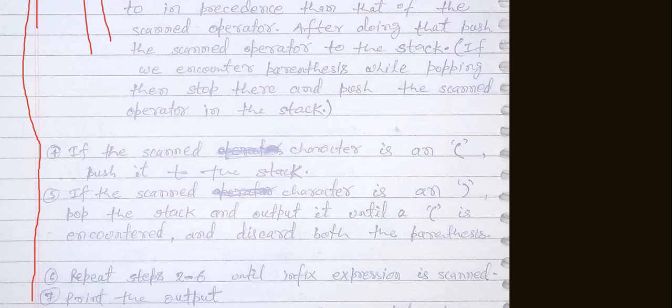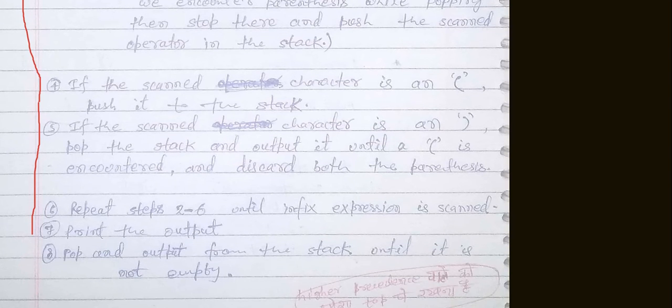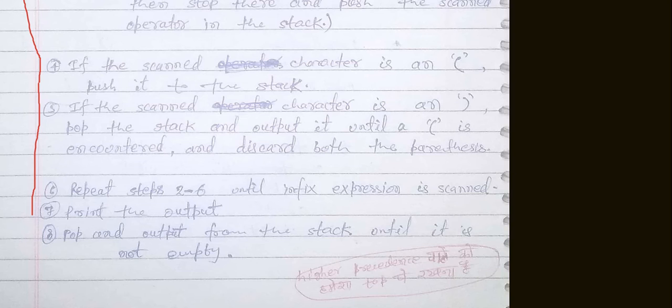If the scanned character is a closing bracket, then pop the stack and output until the opening bracket is encountered, and discard both the parentheses. As I said, when any closing bracket is encountered, just pop all the operators from the stack till the opening bracket, and then push the scanned operator.